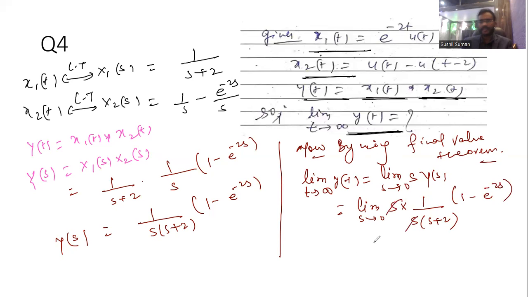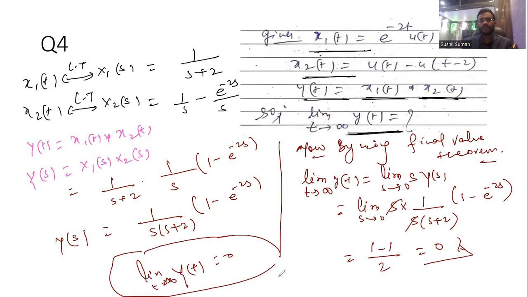The s cancels out. Now this becomes 1 minus 1 upon 2, which becomes 0. So the answer is y(t) for limit t tending to infinity equal to 0. So the steady state value of the output is 0. So 0 is the right answer.